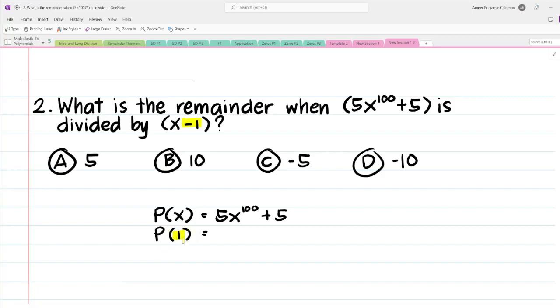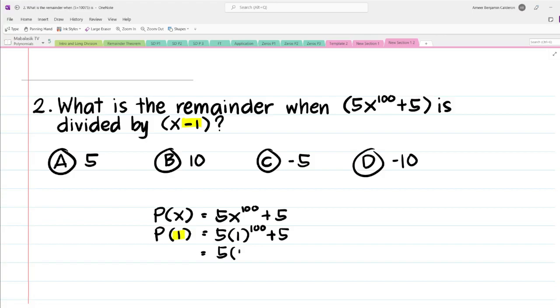Or basically, this is just the root. So therefore, all x's in our given polynomial will be replaced by 1. So we have 5 times 1 raised to 100 plus 5. So this is 5. 1 raised to any exponent is just still equal to 1.